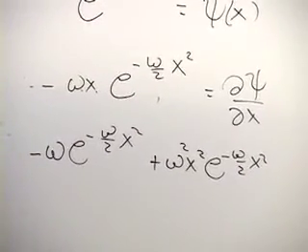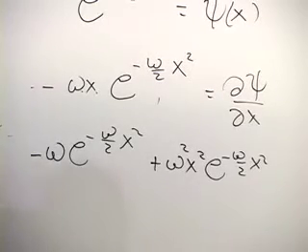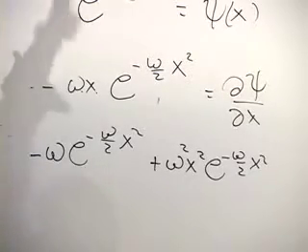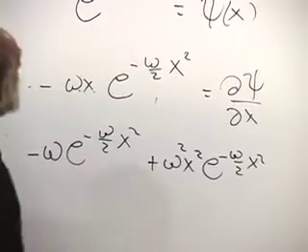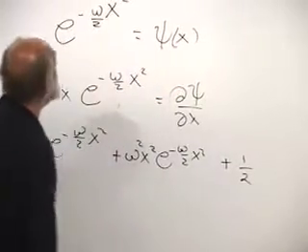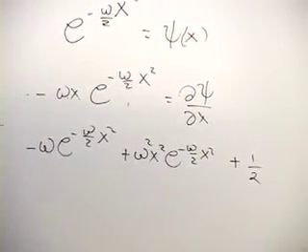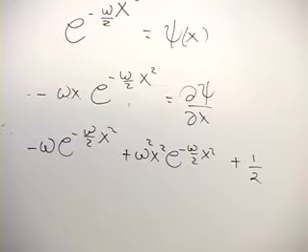That's the second derivative with respect to x squared. Okay, so that's the first factor. Next, plus 1/2. I have a feeling I'm going to be sorry that I threw away that 1/2. Well, we'll figure it out.